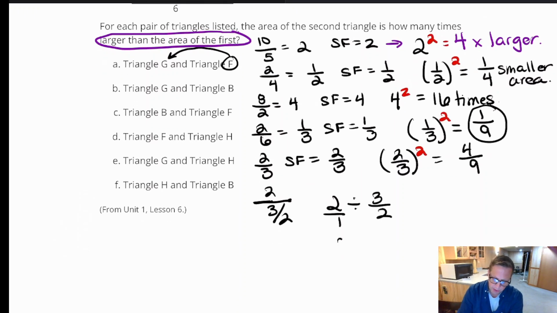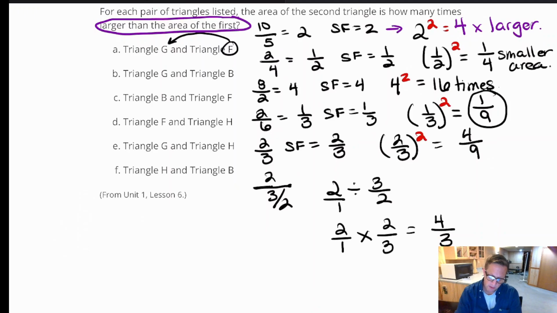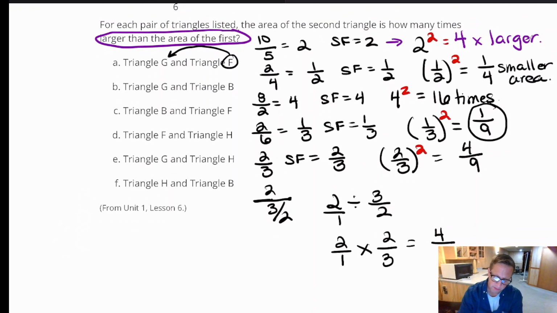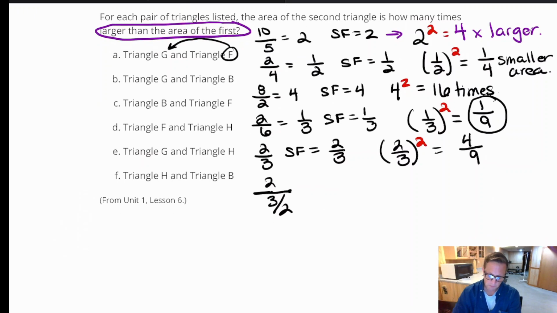And then when you keep change flip, you get 2/1. You keep that, change that to multiplication, and then flip that, and then you get 4/3. And you know what? I think I did this backwards. Let me fix this. I'm going to do it the other way.